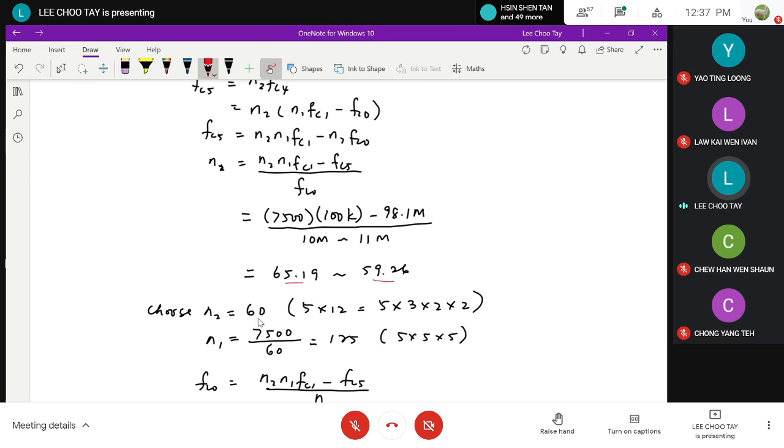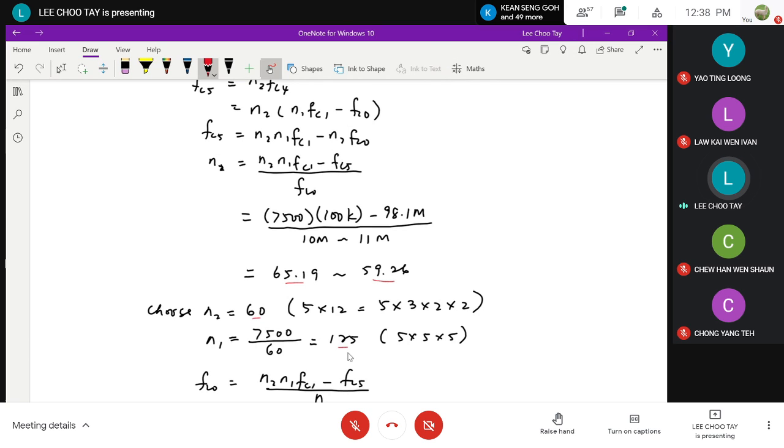If I choose N2 being 60, 60 is a product of 5 times 12, which breaks down further to 5 times 3 times 2 times 2. That means I use one frequency quintupler, followed by one tripler and two frequency doublers. That will give me a multiplication factor of 60. From N2 being 60, N1 will be 125. 125, I can easily realize with 3 frequency quintuplers, because 5 times 5 times 5 gives 125.